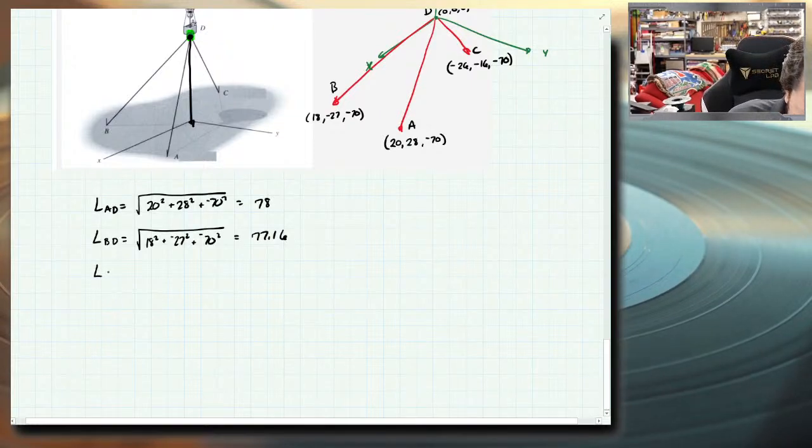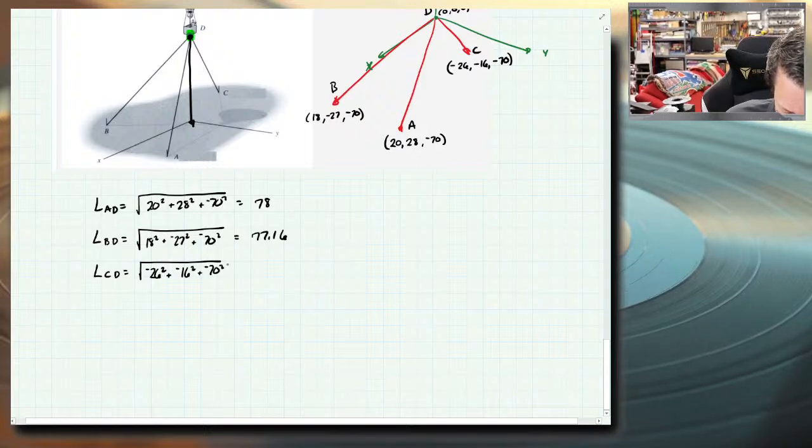CD. Square root of negative 26 squared, negative 16 squared, negative 70 squared. 76.37.